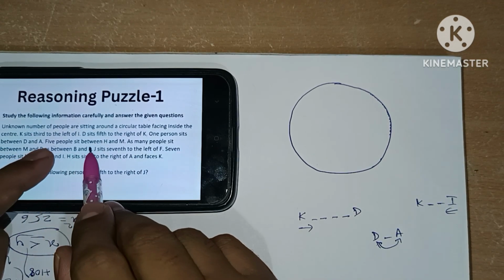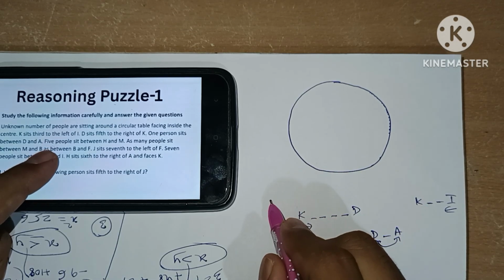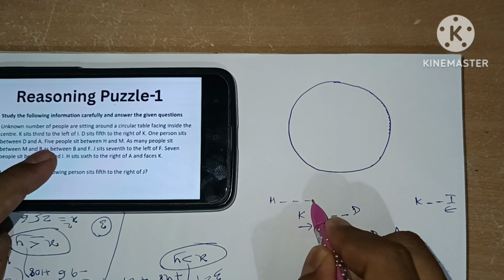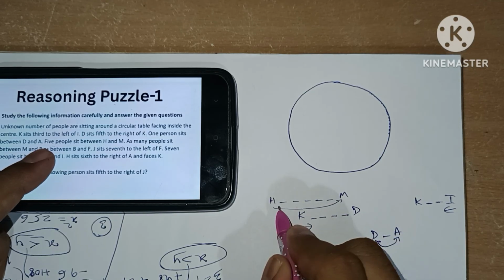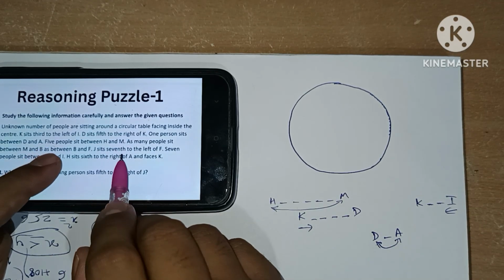Next statement. 5 persons sit between H and M. Okay, this is also completed.